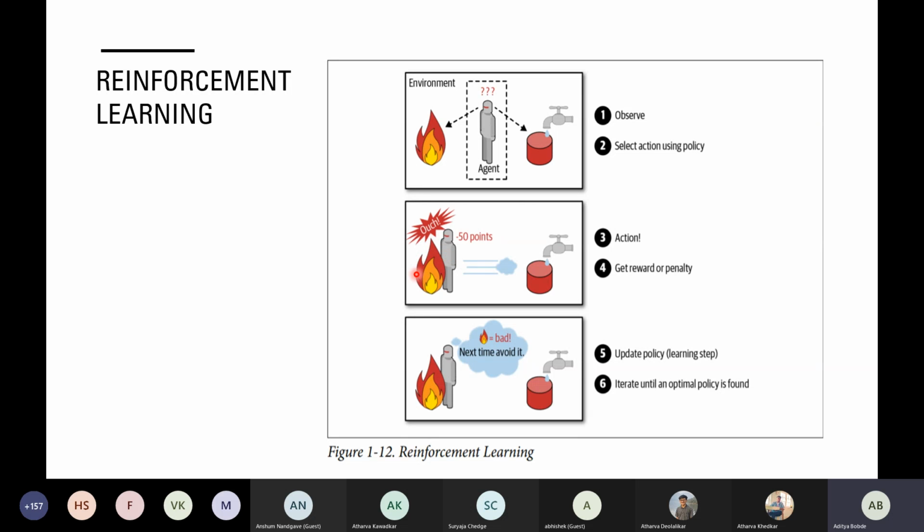If he approaches the fire, suppose he gets 50 points deducted from his 100 points because he touched the wrong thing. Next time he will learn that there is fire in that direction, so he will avoid it and go to the tap section. When he goes to the tap section, he is rewarded with plus 50 points. That's how he learns.